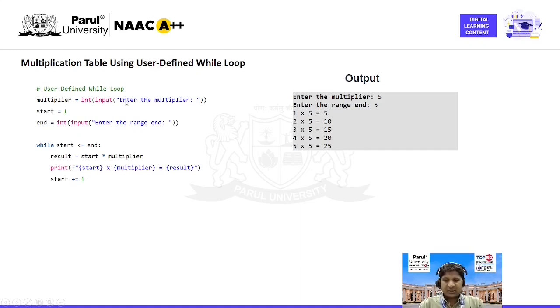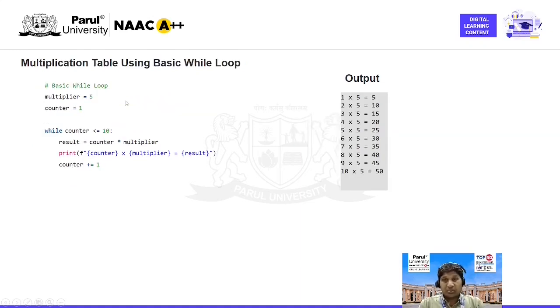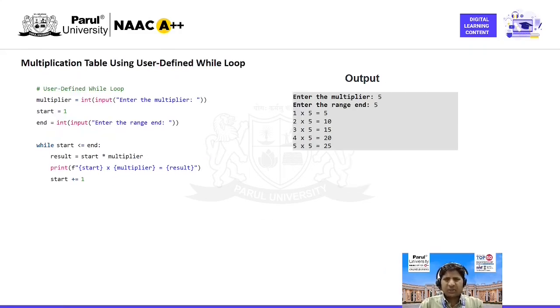It means the previous loop is a basic while loop. In general, the table is printed up to 10. But if you want to print a customized table, then you can take input: enter the multiplier, start, end. Do you remember the start point of the while loop, the end point and the steps?